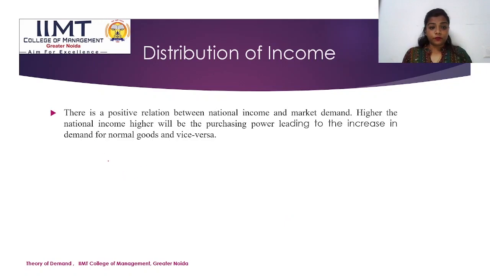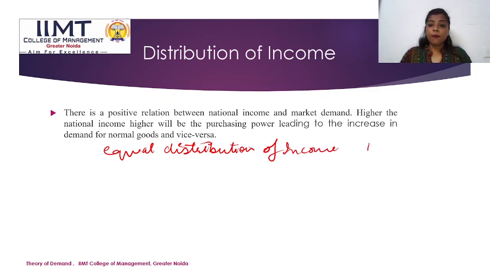Moving on to the distribution of income. If there is equal distribution of income, the demand will be more, and if there is unequal distribution of income, the demand will be less.